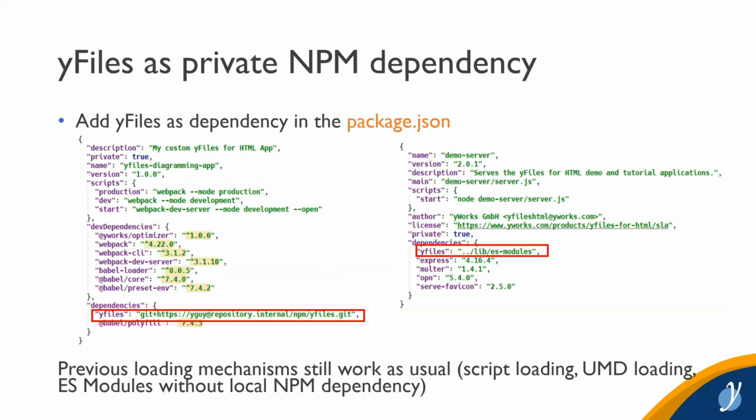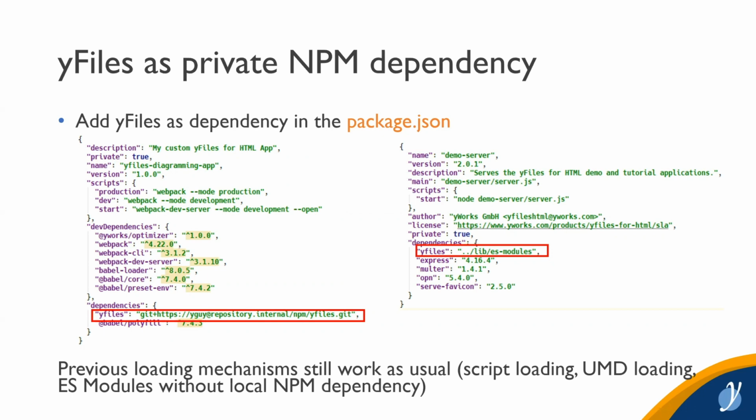The biggest and most visible change is that yFiles can now be installed as a private NPM dependency. It's not yet on npmjs.org, but you can push it into your own private repository, or even just use a simple relative path to the place of the package where you have it in your network.